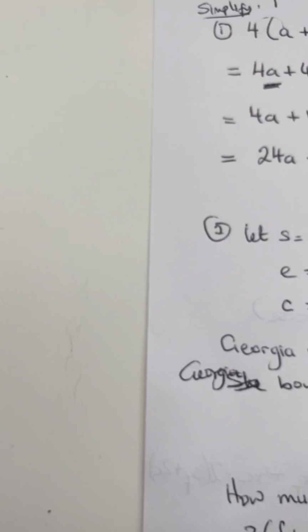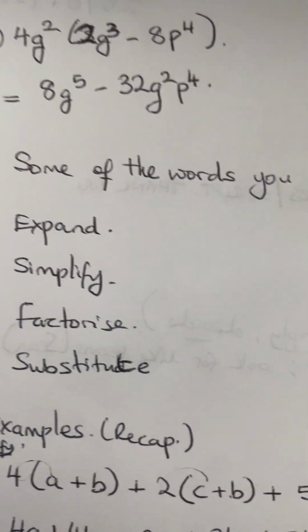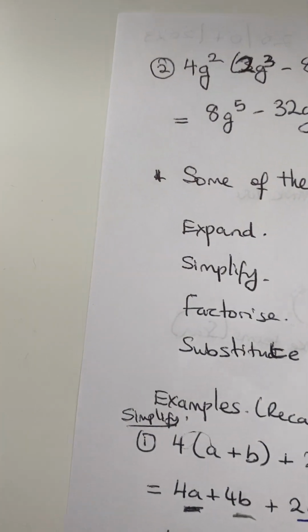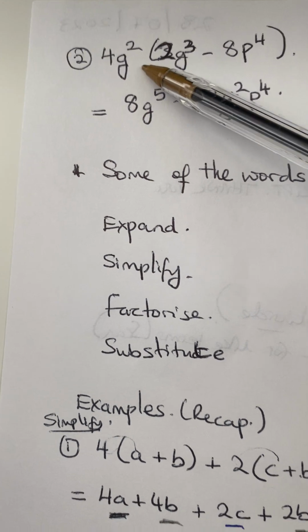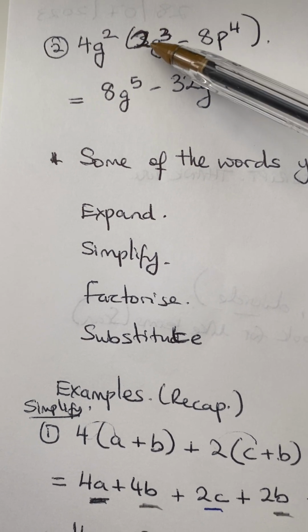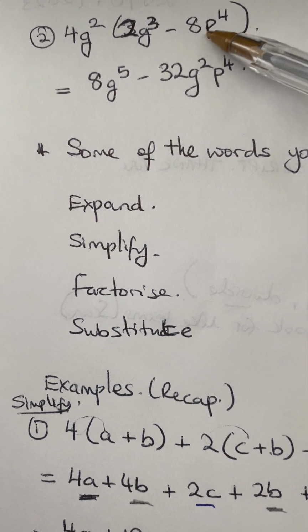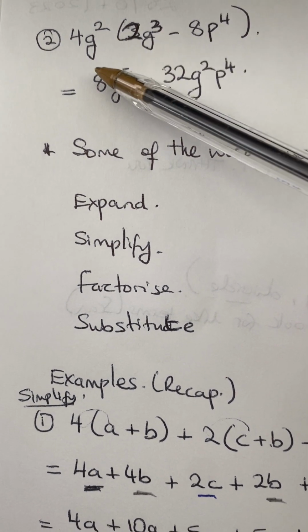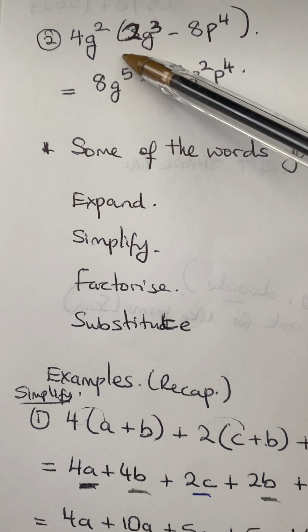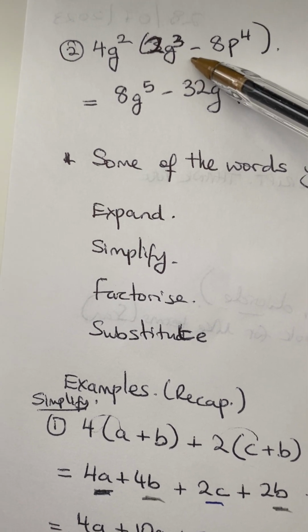Let's move on. Now our next example: 4g into bracket 2g cubed minus 8p. So here there's a bracket and there's a minus.